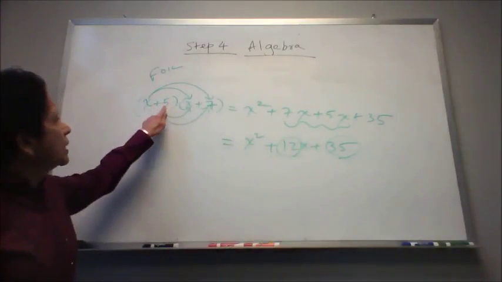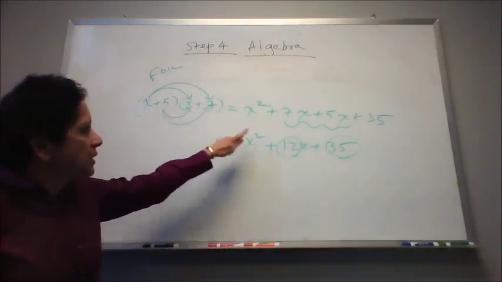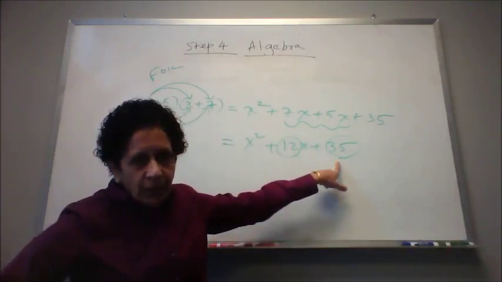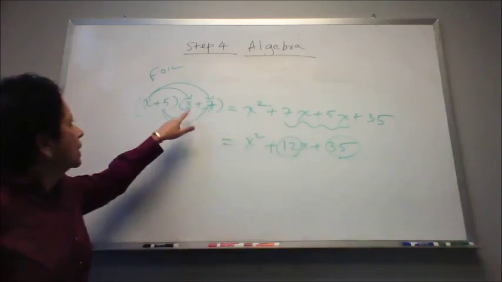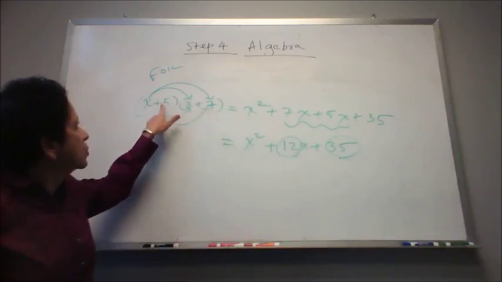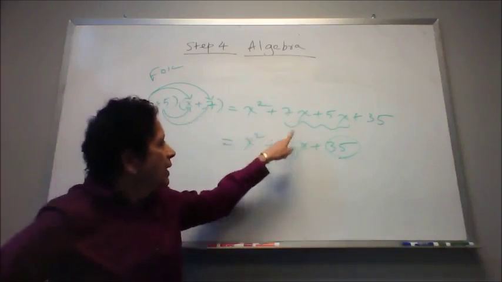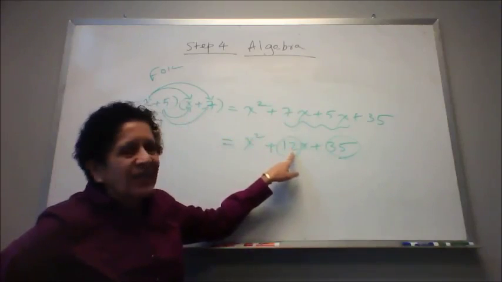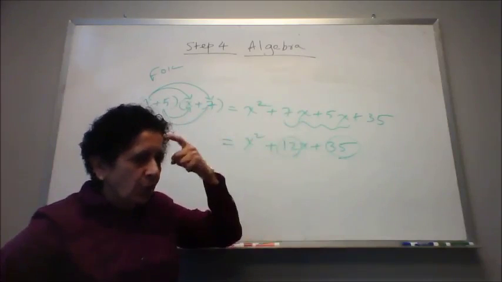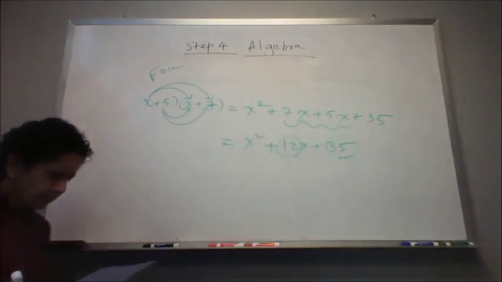So when I multiply these two constants, I get that product here in the constant term. Then when I add these two constants, 7 plus 5, that's what is in the middle, okay? So you just notice that pattern, okay?